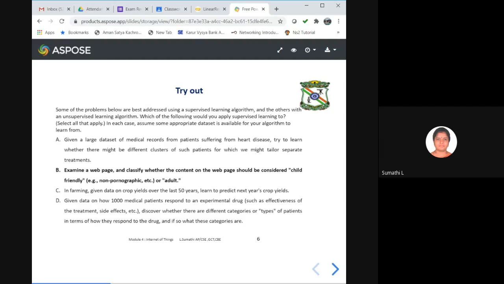That is regression. Then given data of 1000 medical drugs, you have to discover the types of patients. Again, it is clustering. This is to give you an idea of how, given a problem, you identify whether it is supervised or unsupervised, and whether it is a classification or regression problem.